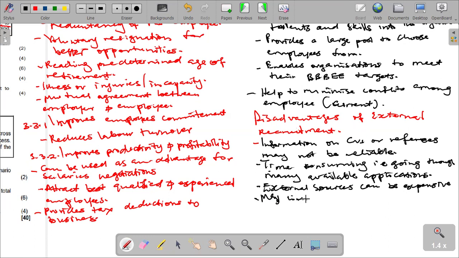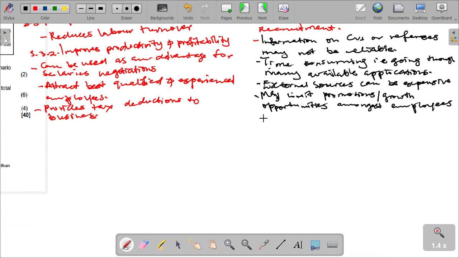It may limit promotions or growth opportunities among its employees, resulting in resentment, where employees end up being frustrated by working too long without getting any promotions or any other notches that would affect them.